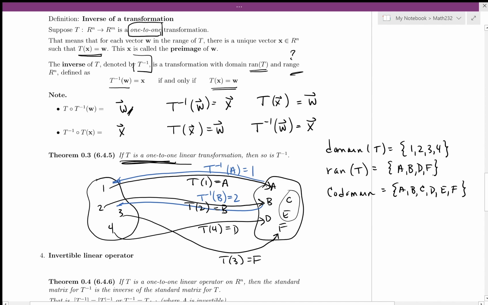Okay, so what do we have? We have that the domain of T to the minus 1 is equal to the range of T, and that is equal to A, B, D, and F. Sorry, I was thinking about something here.